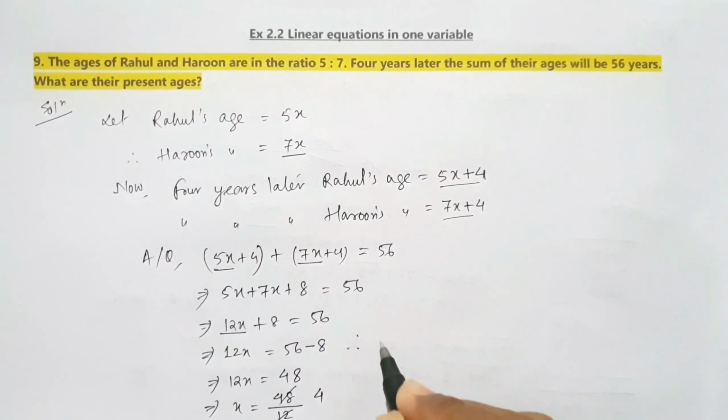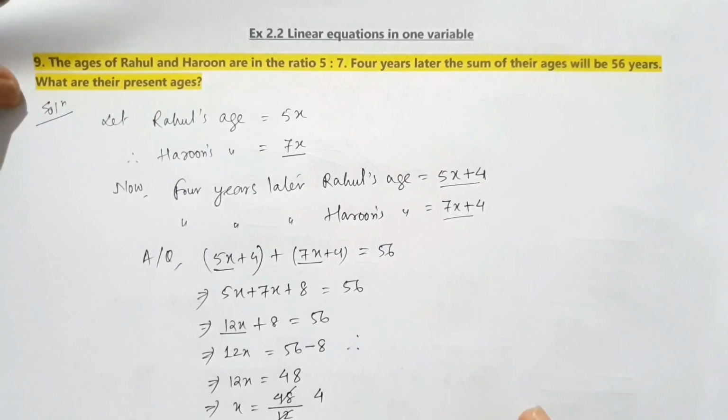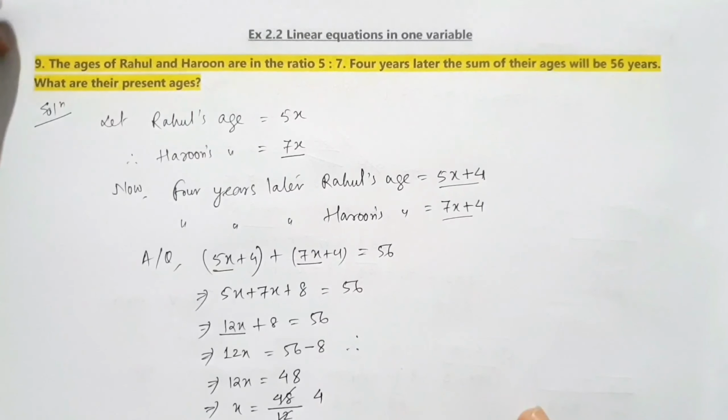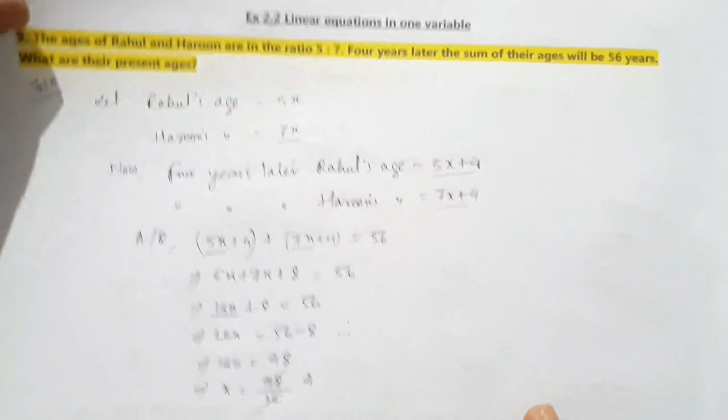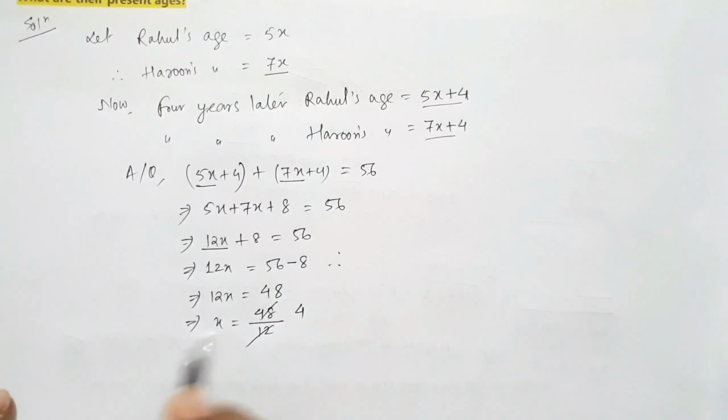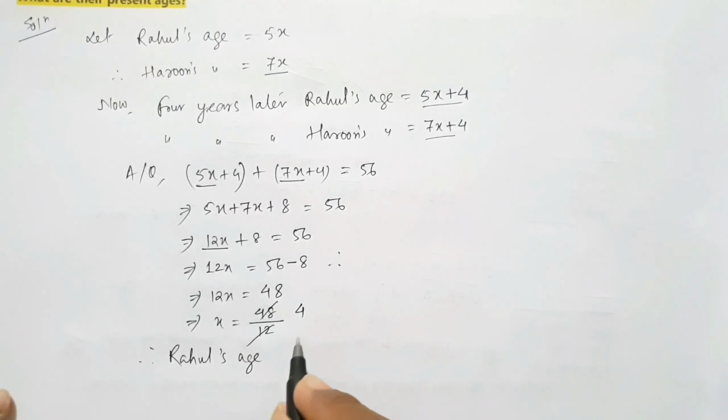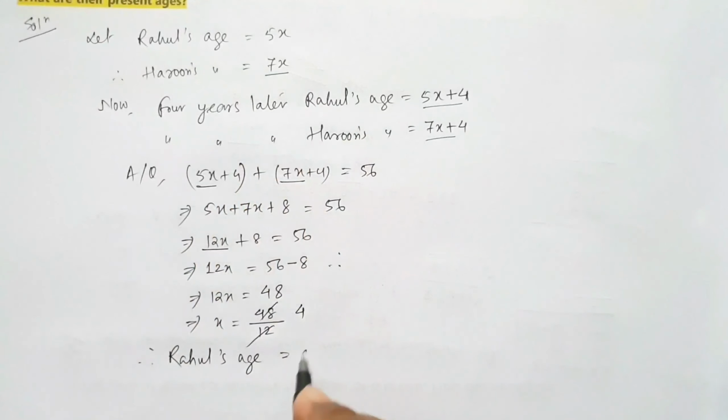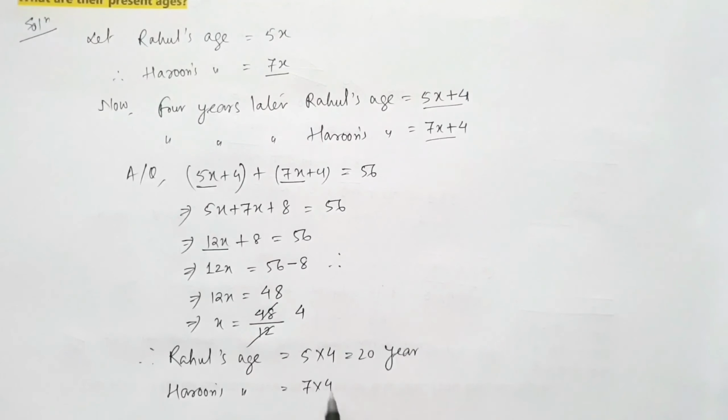Therefore, we can say Rahul's age is equal to, as we have assumed, 5x, so it will be 5 into 4, that is 20 years, and Harun's age will be 7x, that is 7 into 4, 28 years.